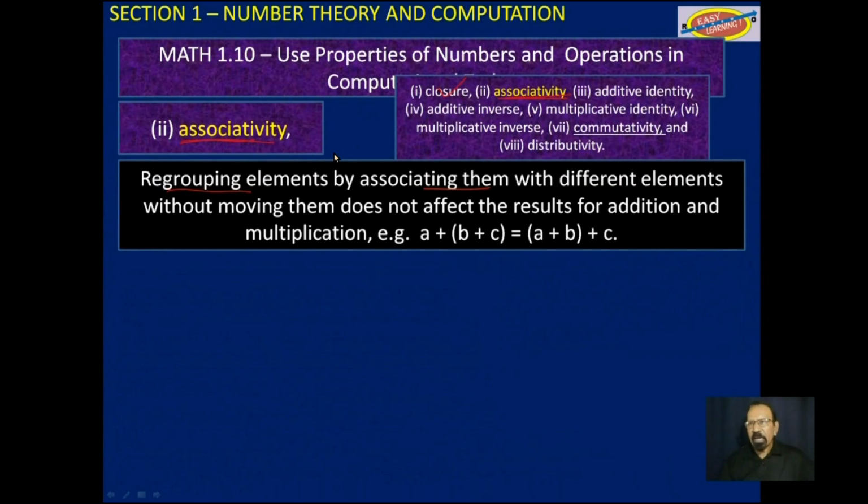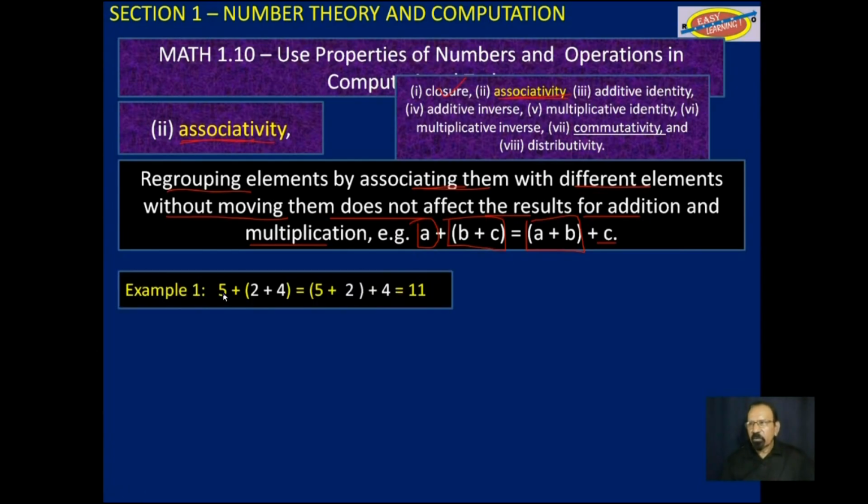Regrouping elements by associating them with different elements without moving them does not affect the result for addition and multiplication. For example, if you have B plus C and you add that first and then you add it to A, or if you add A and B first and then you add it to C, you will get the same answer.